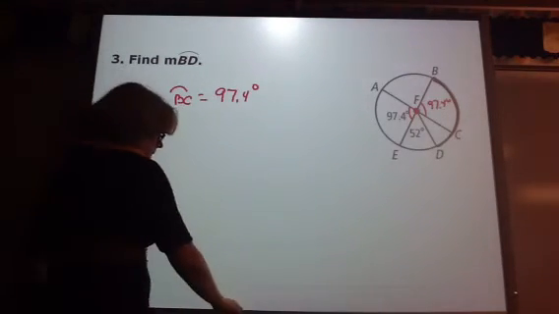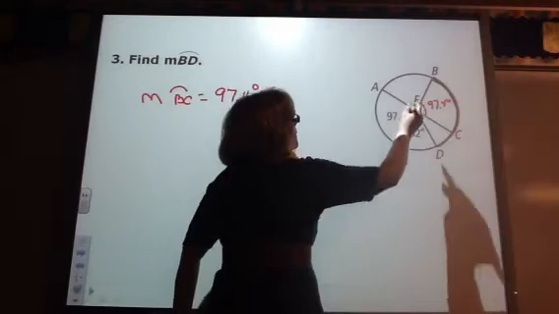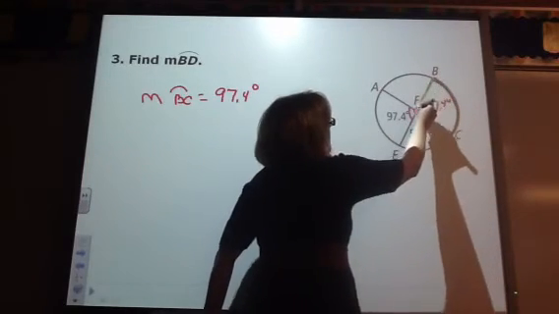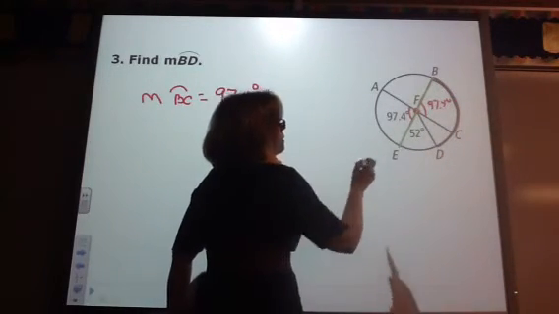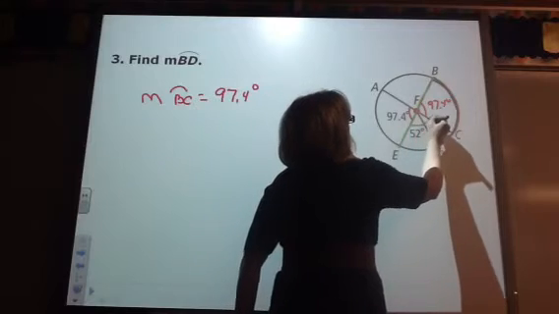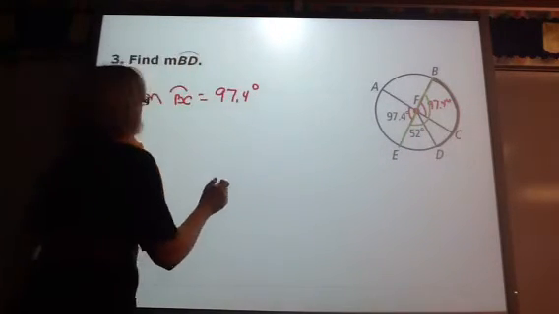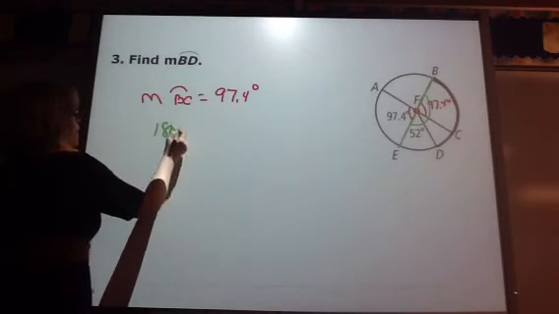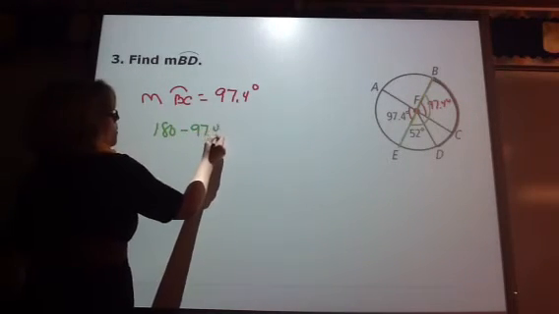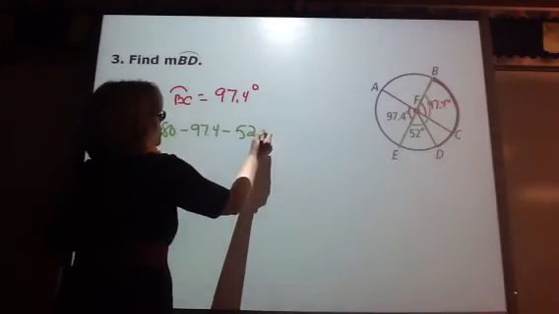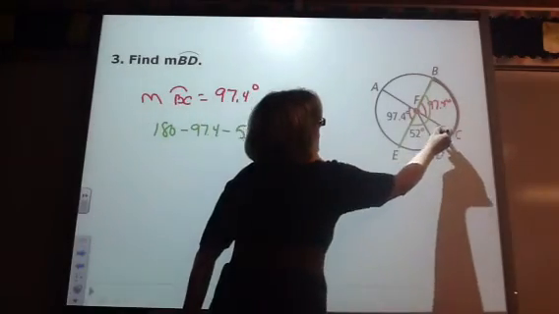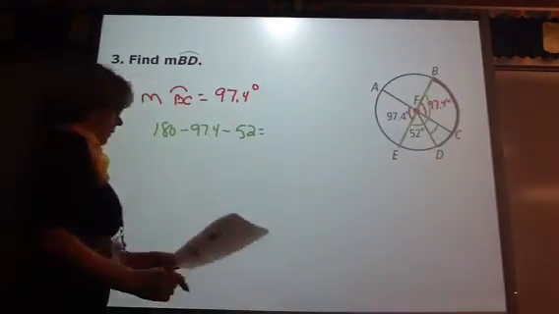And then, if y'all can see it, BE is a semicircle. Therefore, these three arcs will equal 180 degrees. Well, I have 180 minus the 97.4 and then minus the 52, and I will get that measurement.